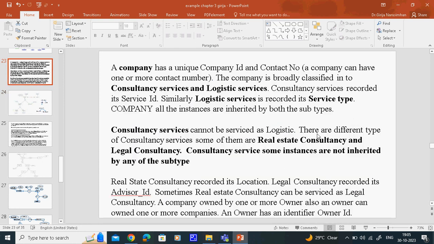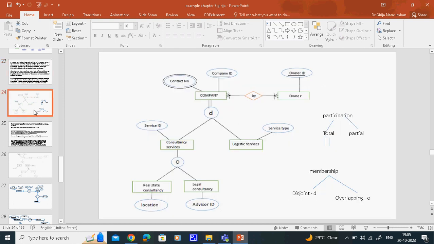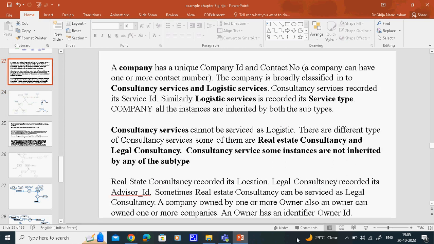And here you can see there are different types of consultancy service. Some of them are real estate, and some of them are legal consultancy. So here consultancy, I again subdivide into real estate and legal consultancy. This is a supertype, and this is a subtype. Now this becomes the supertype of these subtypes. Correct? So parent, child and grandchild, like that.